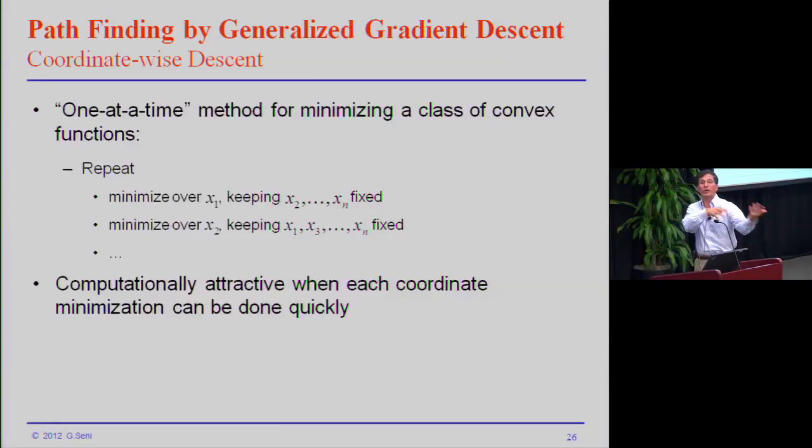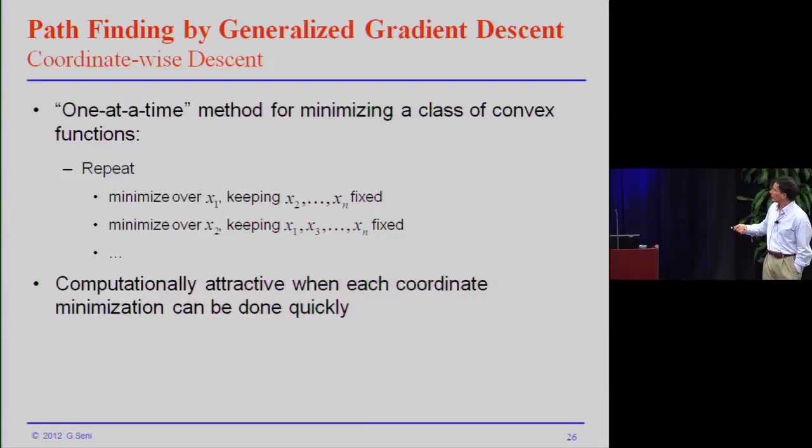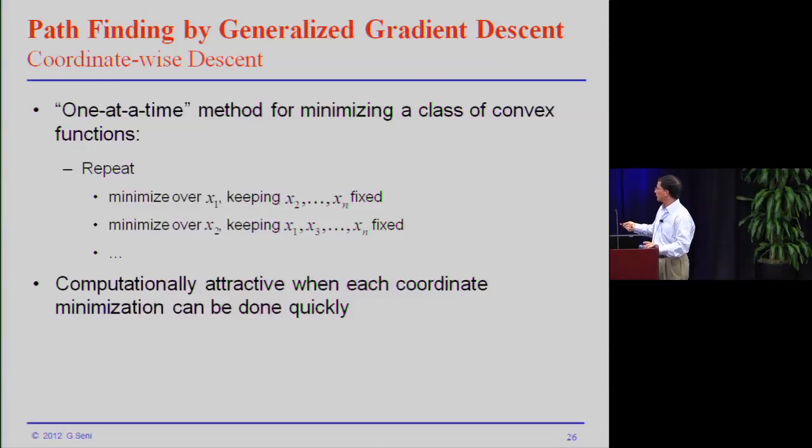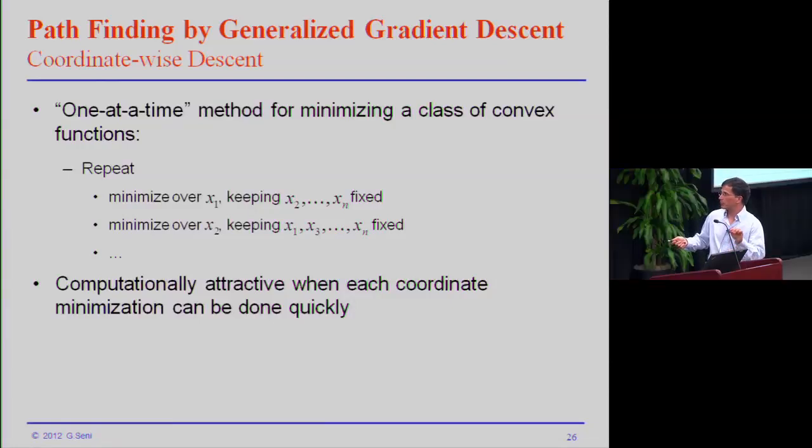So at least compared to what I said earlier, we are doing a minimization all the way as opposed to the infinitesimal step. Yeah. As opposed to many local steps. Kind of. And as a follow-up to that answer, this is particularly efficient when the minimization along one coordinate can be done very, very quickly.